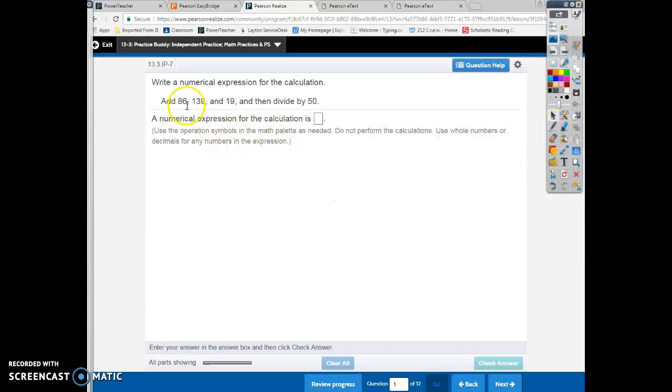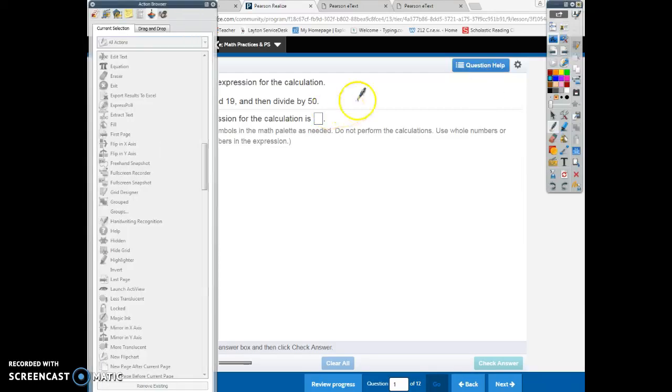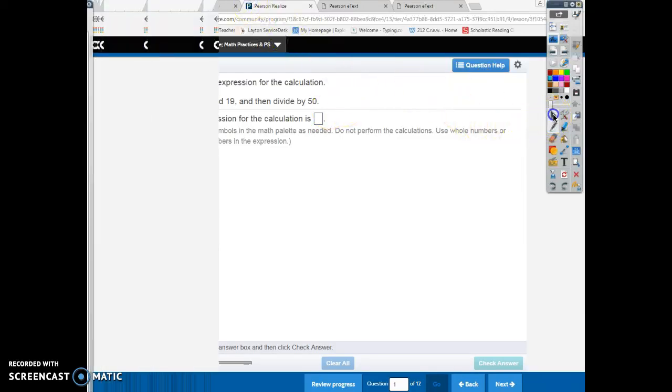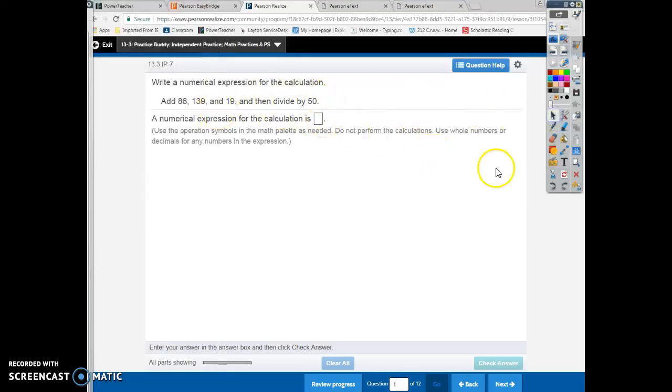So I need to add 86 plus 139 plus 19 and then divide by 50. What I want to do in my expression is to think, how would I write this down if I were going to solve it? You're not going to need to solve it. The question is, how am I going to write it down if there was a need for me to solve it? So let's see here.